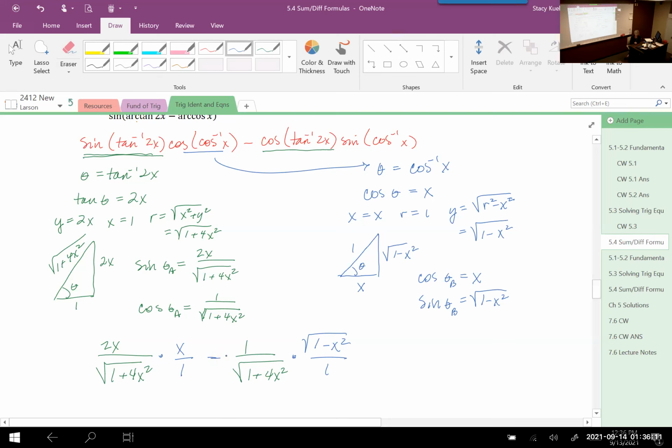So how did you get sine theta A out of sine of the tangent inverse of 2x? I don't get that part. So I am really calling this angle A, right? So I'm going to say, okay, if this is the substitution that we made when we were talking about inverse functions, I'm going to let theta A be equal to the inverse tangent of 2x. And therefore, tangent of angle A has to be equal to 2x.